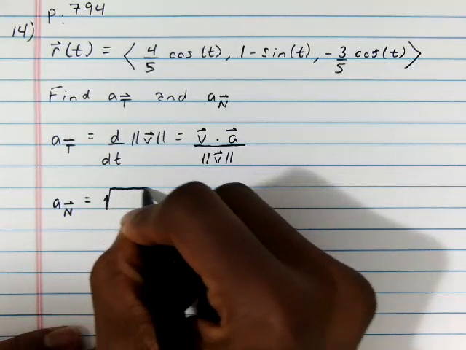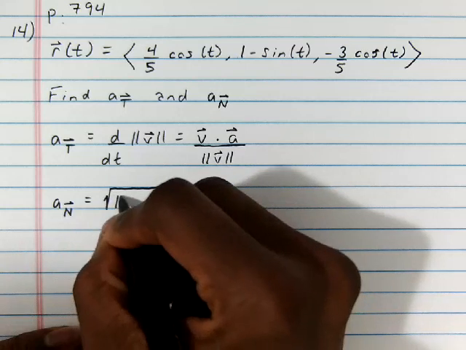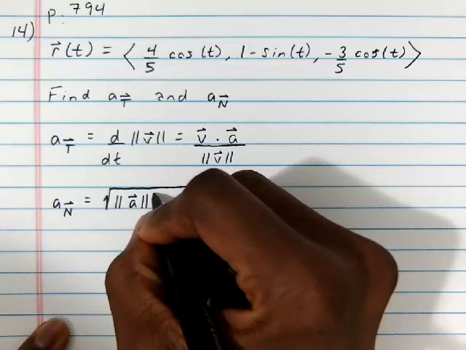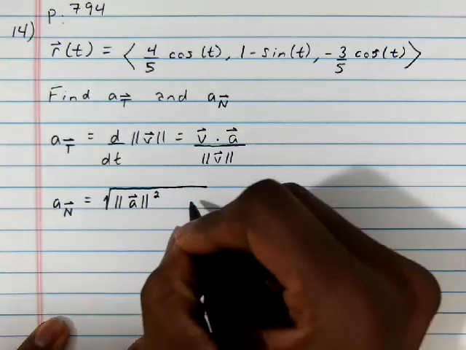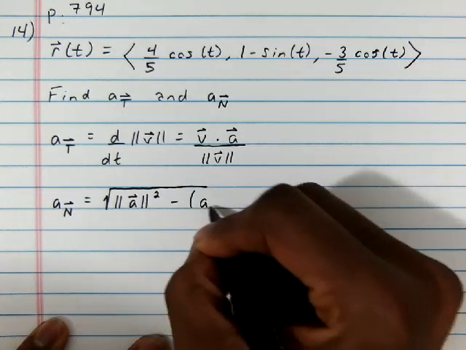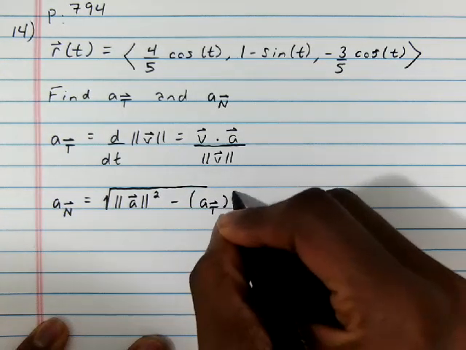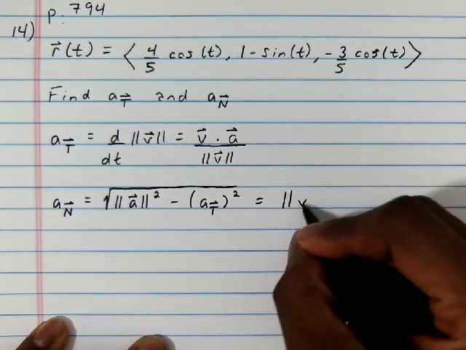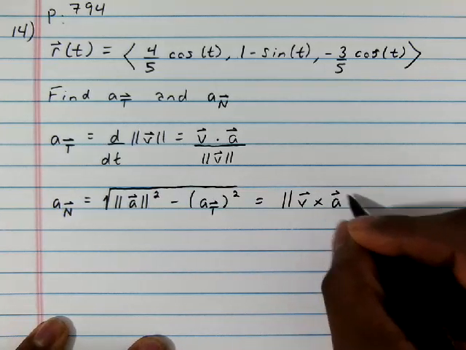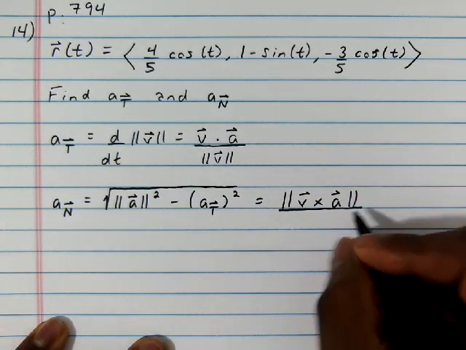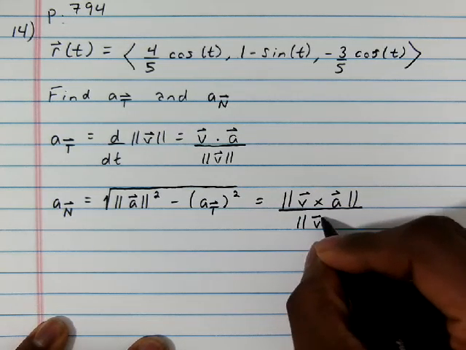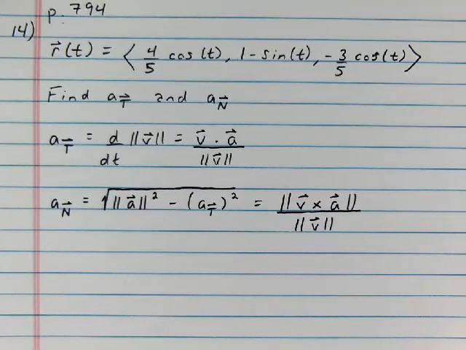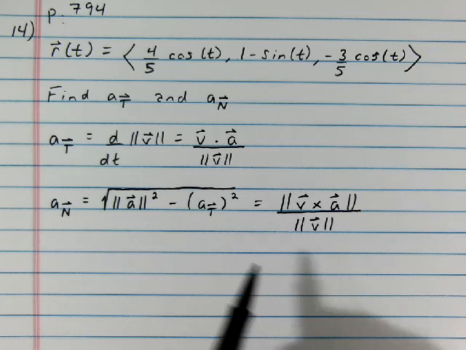We can do the square root of the norm of acceleration squared minus our tangential component of acceleration squared, or we can do the magnitude of v cross a over the magnitude of v. So now we have all four of the things in front of us.